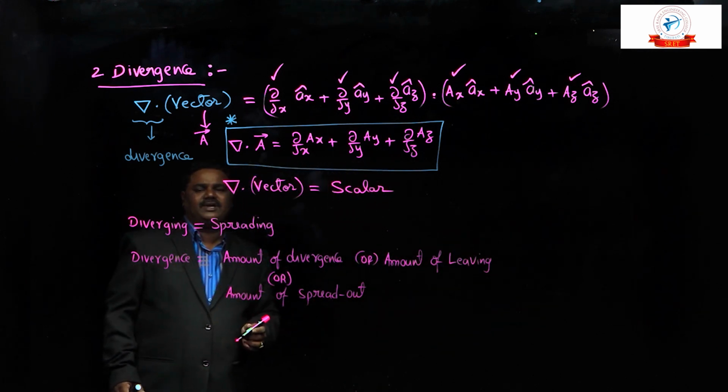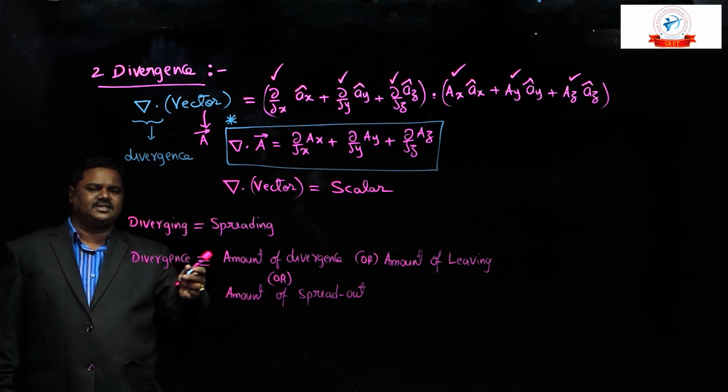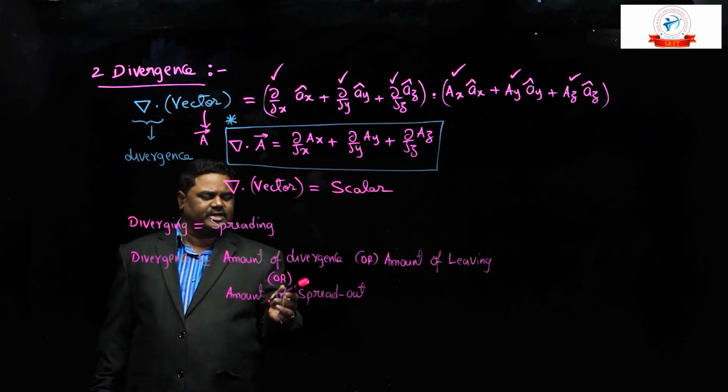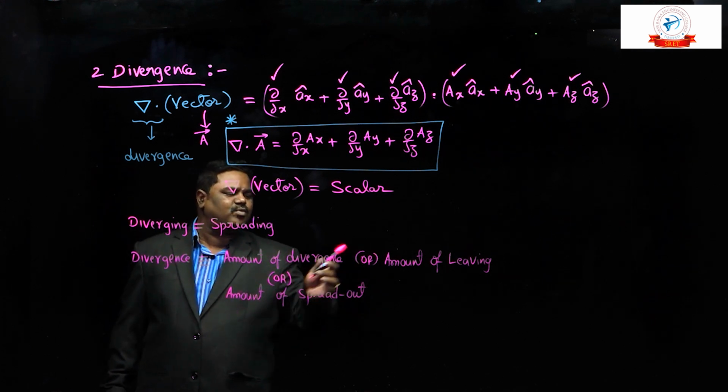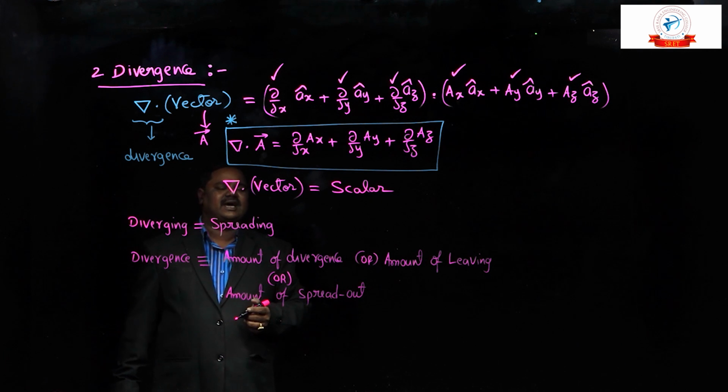So simply, the divergence operation gives us the amount of divergence, the amount of spread out, and the amount of leaving.